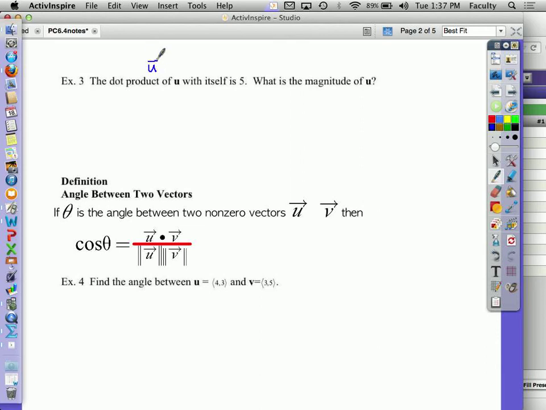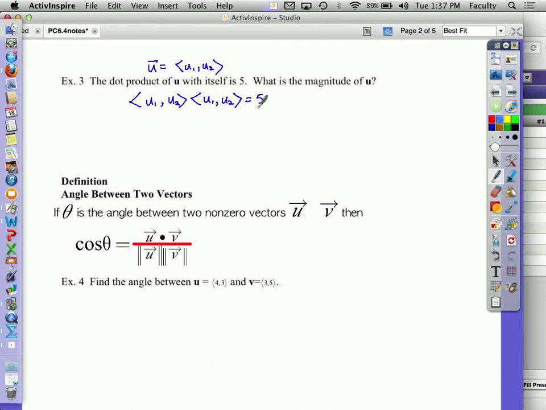If vector u is a vector, we can say, all right, vector u has components u sub 1 comma u sub 2. The dot product of u with itself is 5. So that means if I take u sub 1 comma u sub 2 and I do the dot product with itself, it's saying the dot product is 5.